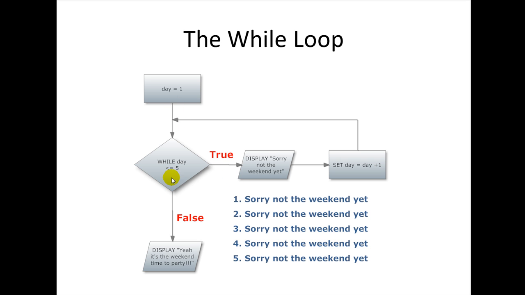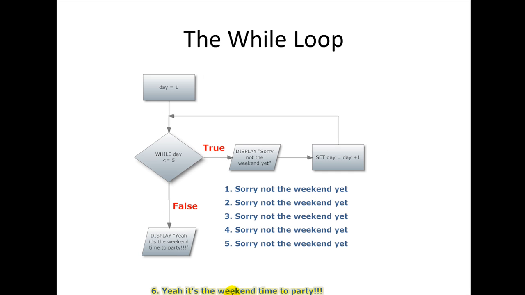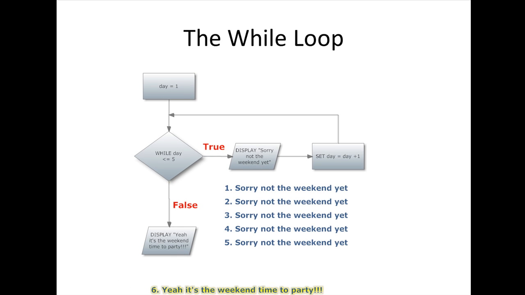Now, on the 5th one here, while day is less than or equal to 5, it was. But now it's coming back through for day 6, because this adds into day 6. And it says while day is less than or equal to 5, since it's day 6, it's going to prove false. So now we have, yay, it's the weekend, time to party.